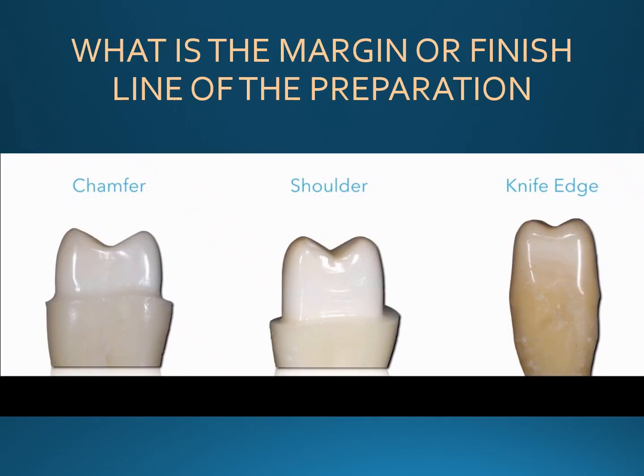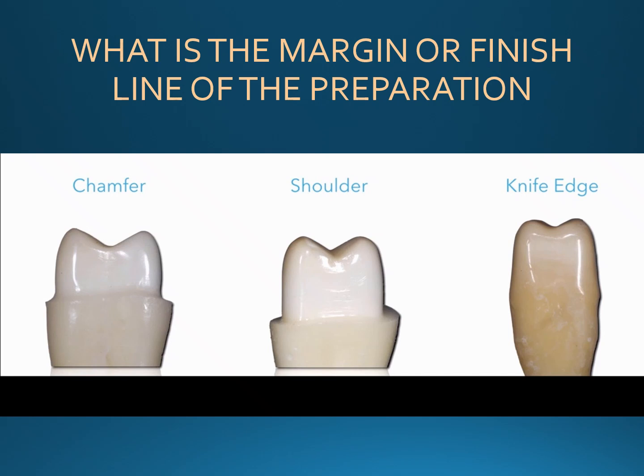Marginal integrity refers to the difference in the type of preparation to suit the type of restoration. So we have basically three types of margins, otherwise called finish lines. So what is a finish line? A finish line is the area where the restoration should rest, or where it should end.